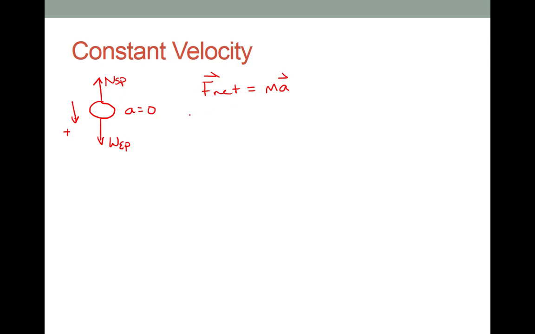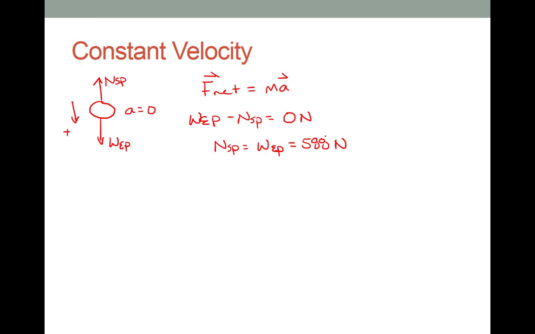I'm going to take all the forces in my positive direction, which in this case is the weight, subtract off the forces in the opposite direction, and set that equal to ma, which in this case is 0 newtons, because the acceleration is 0, which means that the normal force equals the weight, which equals 588 newtons, as we found in the previous slide.